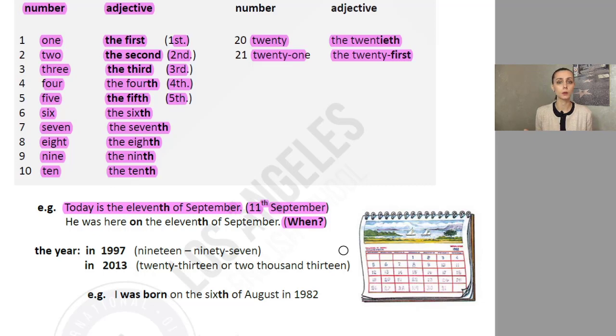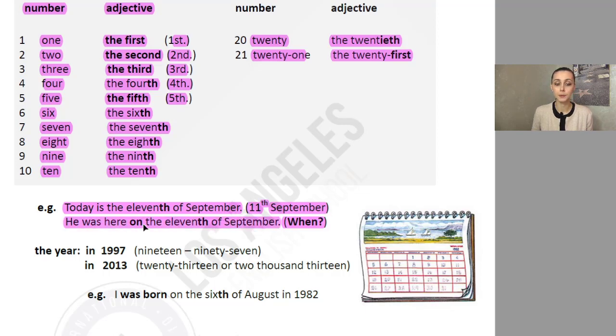Or when were you here? When did you celebrate that event? When you have the question word when, you will need to use the preposition on in your sentence. For example, he was here on the 11th of September.